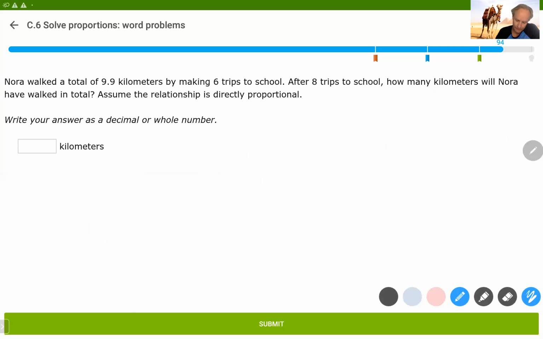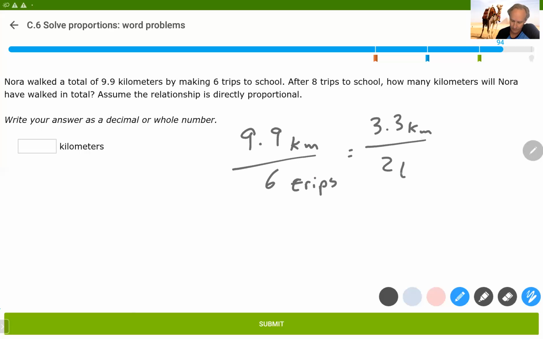9.9 kilometers for 6 trips. Let's go ahead and reduce that. Doesn't reduce really nice. We could divide it by 3. Let's divide it by 3. That's going to give us 3.3 kilometers for 2 trips.